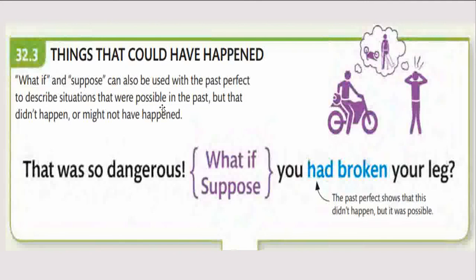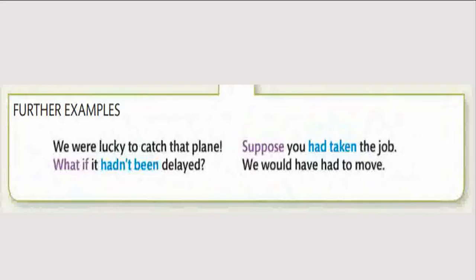Describe situations that were possible in the past but that did not happen. That was so dangerous. What if you had broken your leg? Suppose you had broken your leg. The past perfect shows that this did not happen, but it was possible. Let us see certain constructions with this.